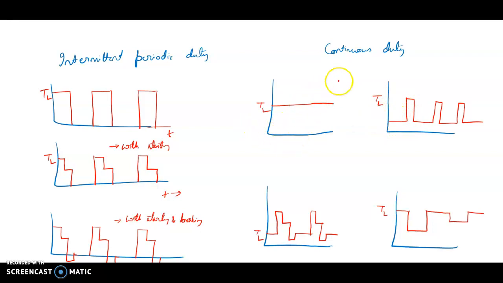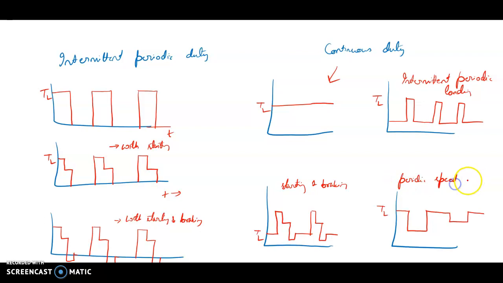I can say this is continuous with intermittent periodic loading, and this is with starting and braking. This is with periodic speed change. So quickly let us complete this.